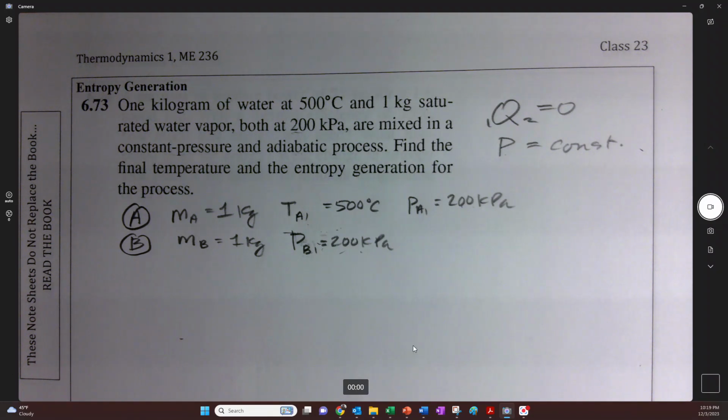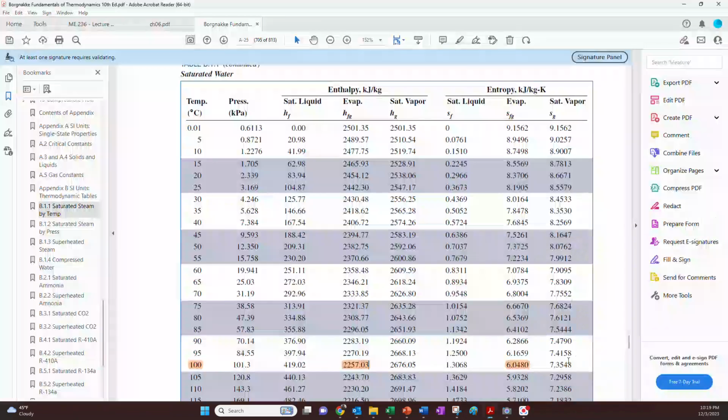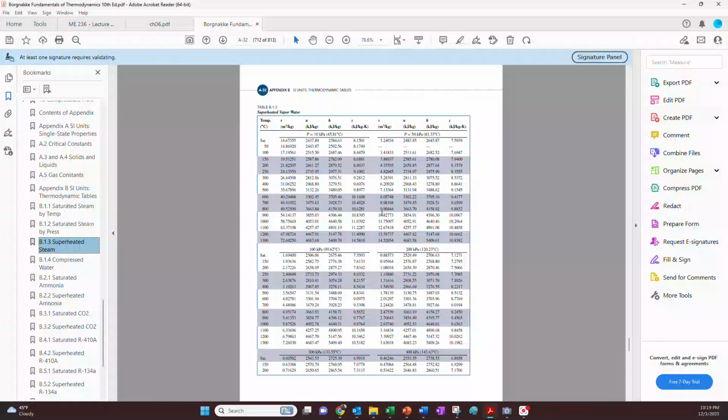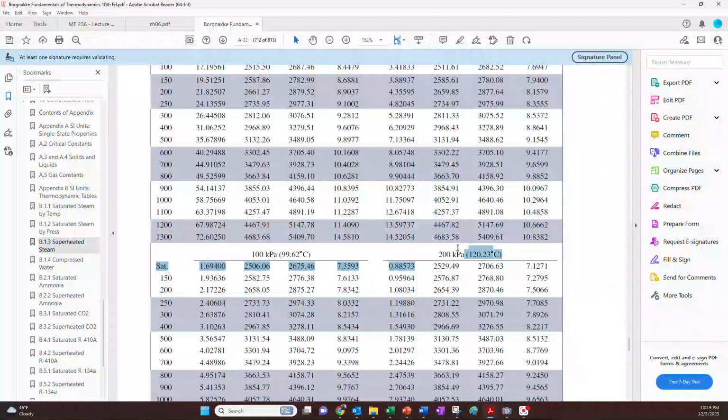If we look into the superheated table, I'm pretty sure that 500 degrees Celsius and 200 kPa is right here. Let's zoom in on that. There's 200, and sure enough, 500 right there. So here are the properties that we want for that first one.